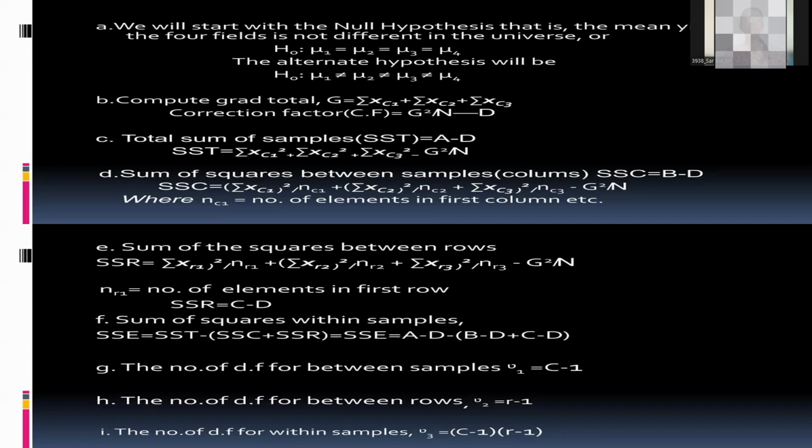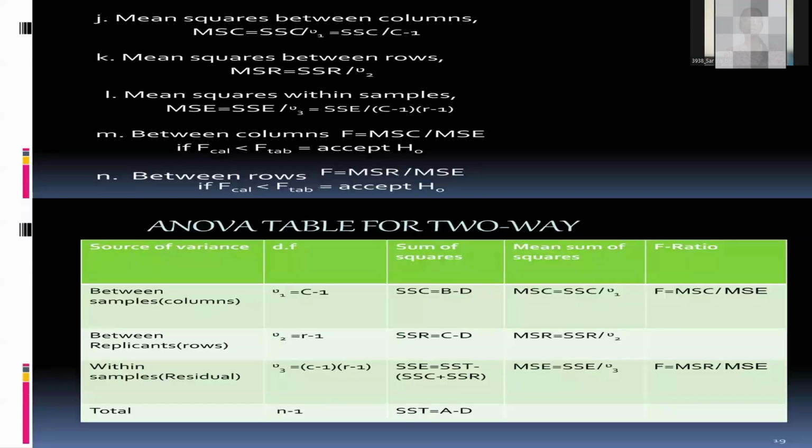The next is the degrees of freedom: for between the columns it is C minus 1, and for between the rows it is R minus 1. The mean squares between the columns is MSC, and the mean squares between the rows is MSR.